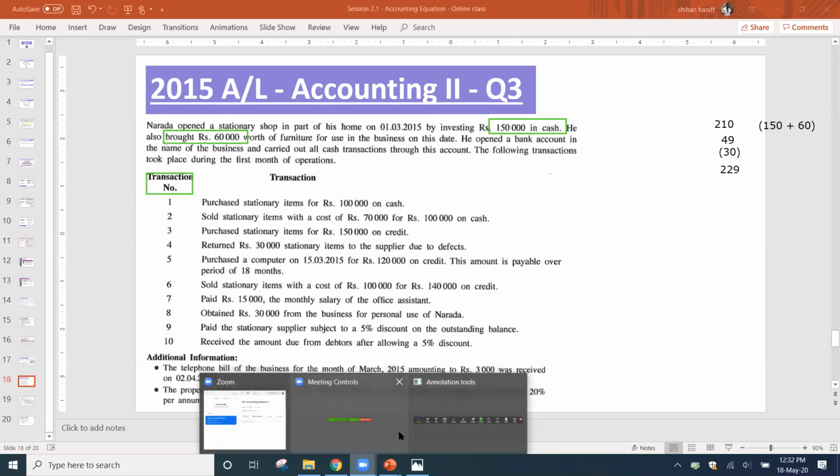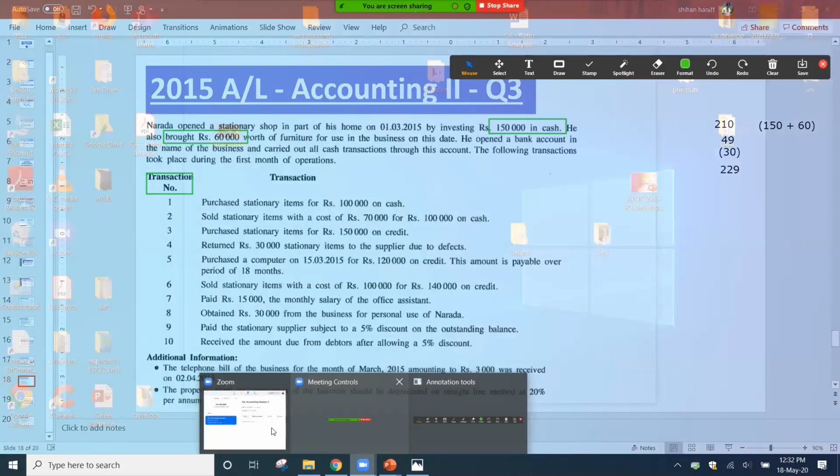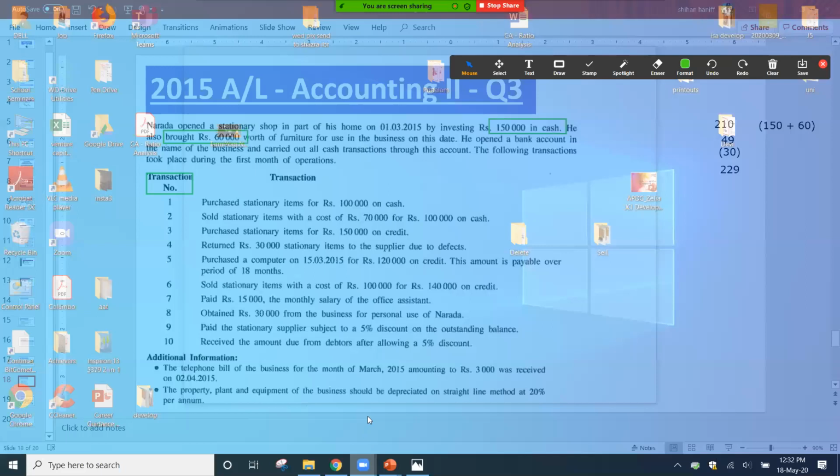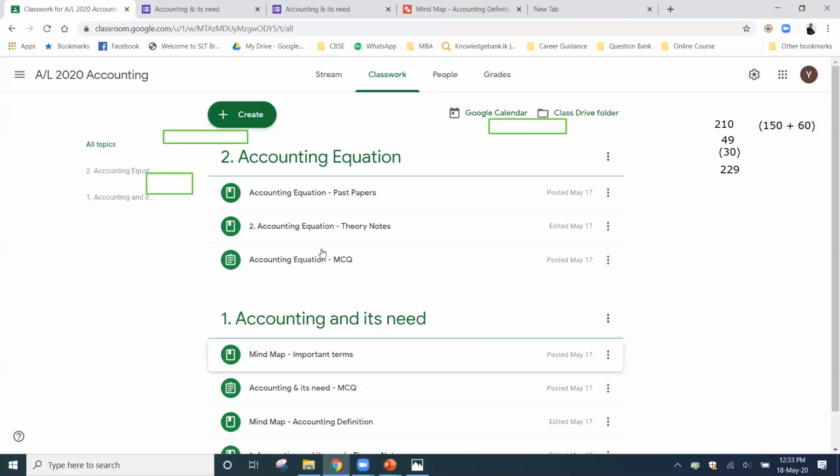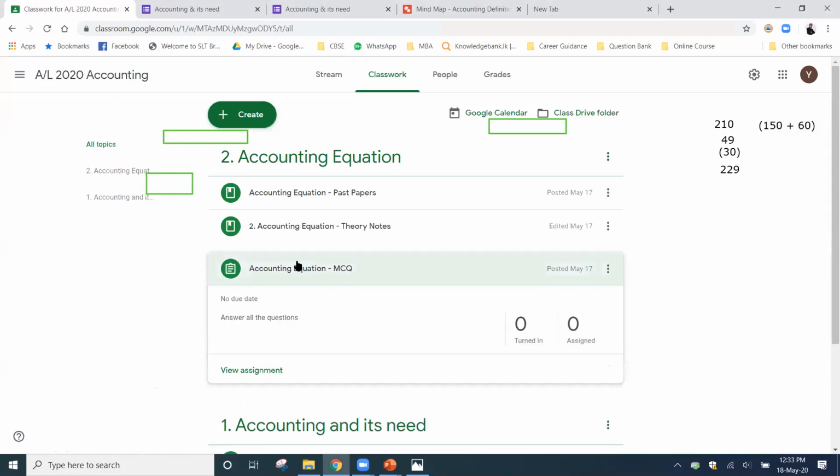Any other doubts? And try to do other questions and clear any doubts if you have. And also now I have sent the MCQ. See, I sent through the WhatsApp as well.